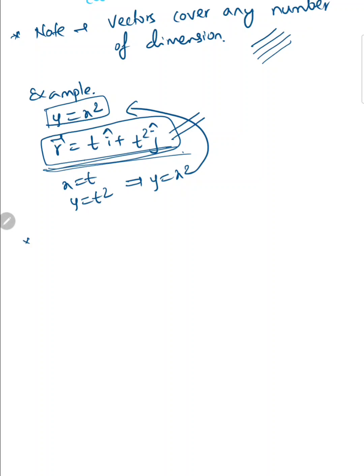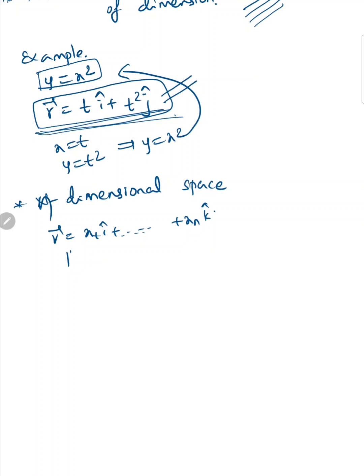If we take n-dimensional space, then we also have a vector which covers n dimensions, with components x1 up to xn.